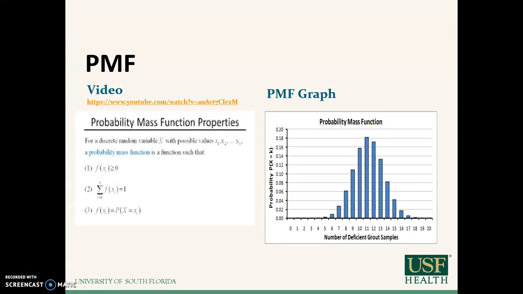So the value of the PMF at this value equals the probability of the random variable taking that value. Graphically, we can use a bar chart to represent the possible values, and the height of the bar represents the probability. This is a complete description of the random behavior of a discrete random variable.